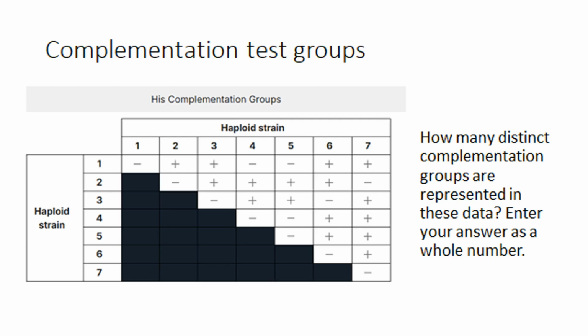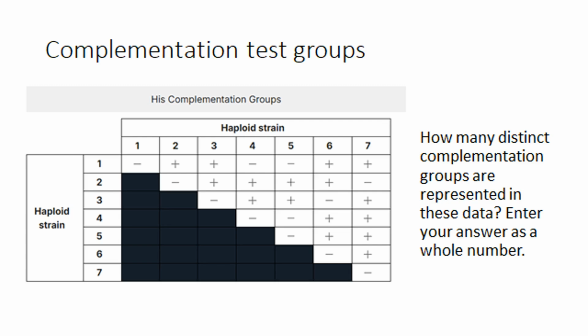So we can divide the colonies from 1 to 7 into 3 groups, and we call them complementation groups, depending on whether they give wild type or not.